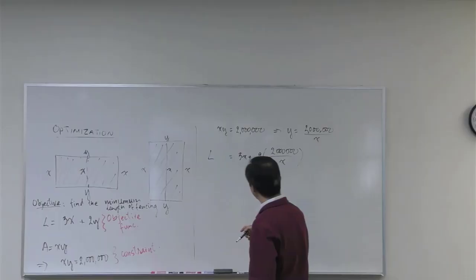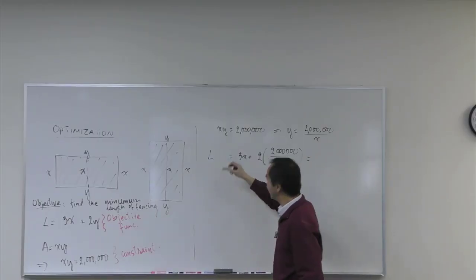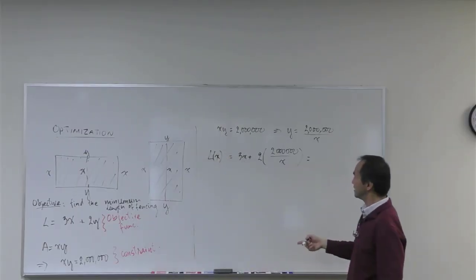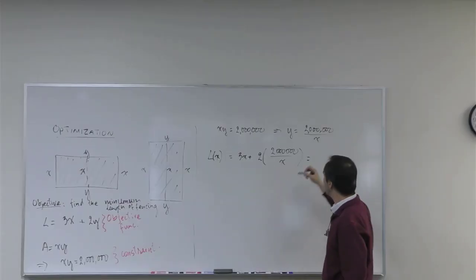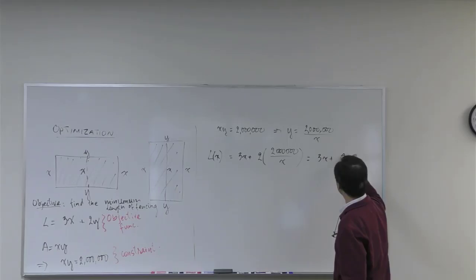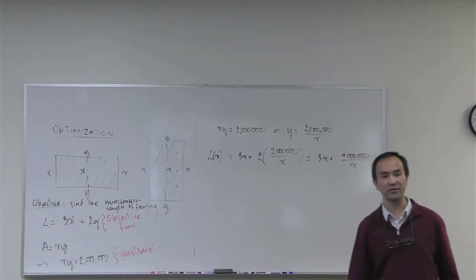So now, if you realize it, we have brought it down to a function of one variable. We eliminated one variable and turned our objective function into a function of one variable. So now we can write it as 3x plus 4 million over x. Clearly, our objective function is now one variable.